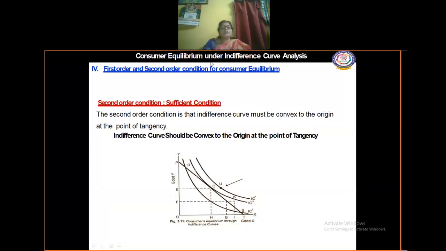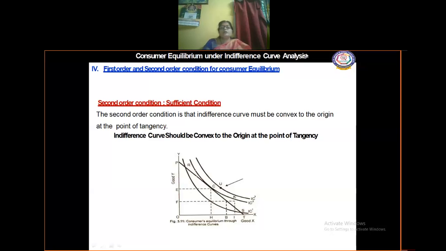Now the second order sufficient condition: you can see that the indifference curve must be convex to the origin always at the point of tangency, and you know the assumption how it occurs.